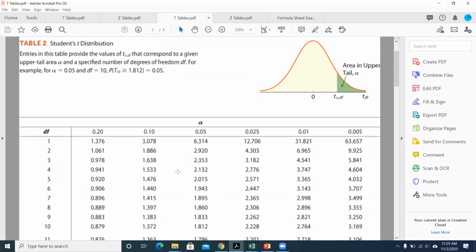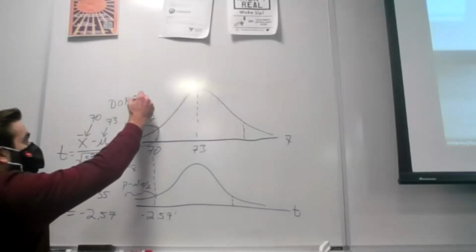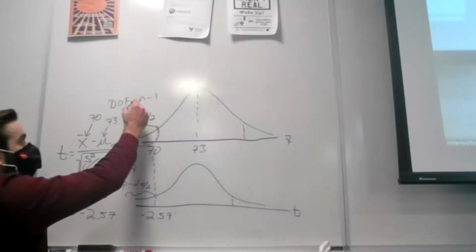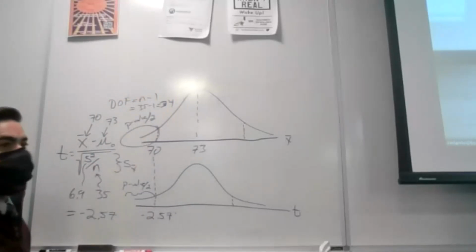So we had -2.57 at what degrees of freedom? Well, if our sample size was 35, degrees of freedom is just n-1. So we'll have degrees of freedom of 34.